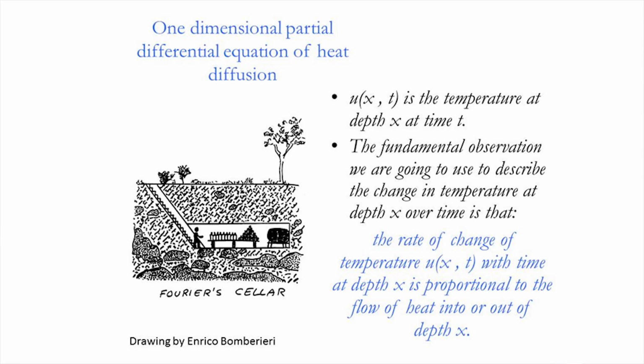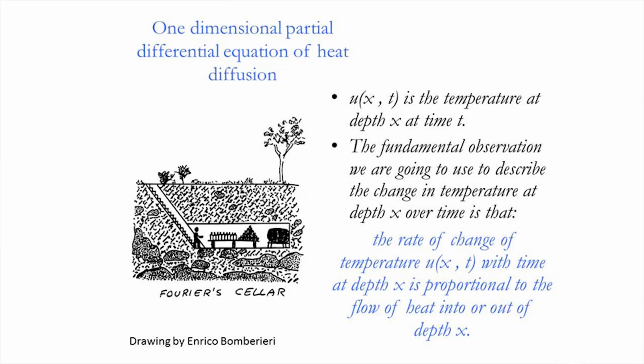Now, the fundamental observation that we're going to use for getting an equation involving the temperature is the following. And it's not actually that surprising. It says that the rate of change of the temperature at depth x over time is proportional to the flow of heat into or out of x.